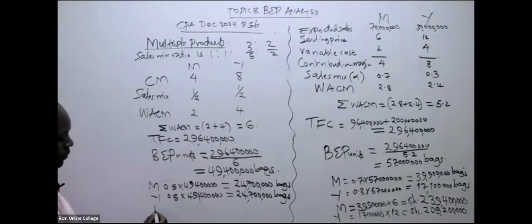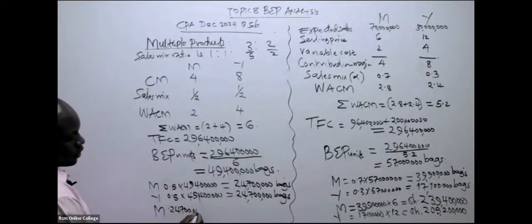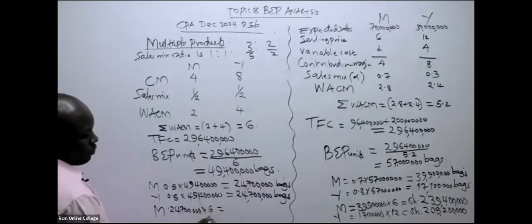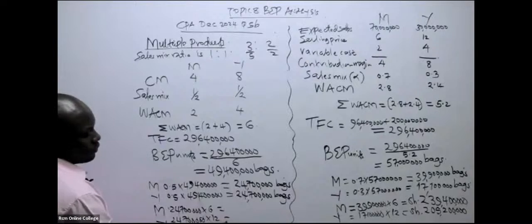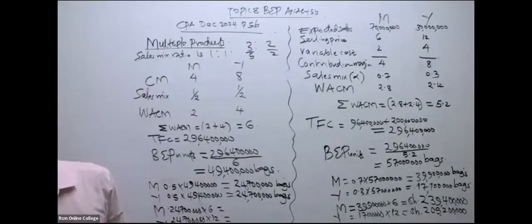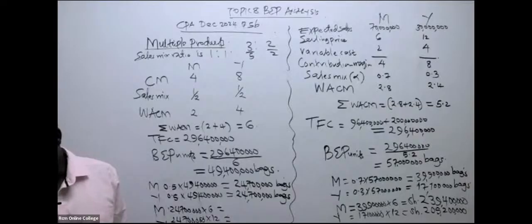Product M, I have 700,000 multiplied by 6. Then product Y, 700,000 multiplied by 12. Product M, how many do we have? 296. Two million.